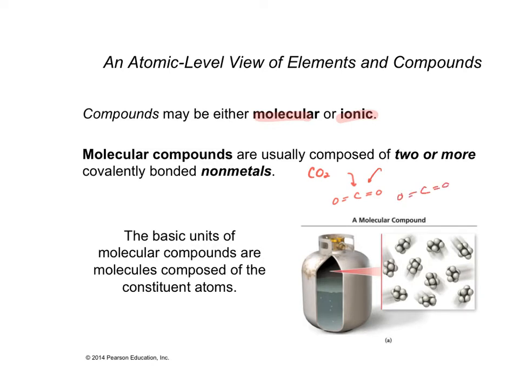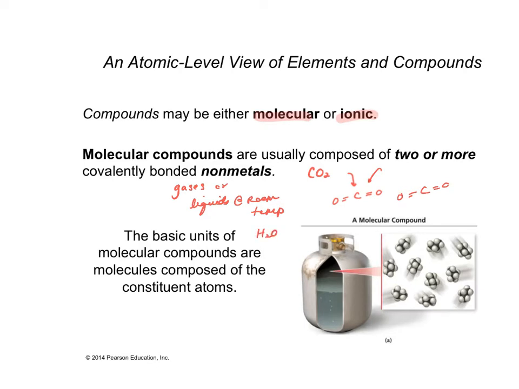That's what will make up the substance that you're dealing with. What's important to note about these molecular compounds is that they tend to be either gases or liquids at room temperature. Their natural state tends to either be a gas floating around or a liquid, something like water, at room temperature.